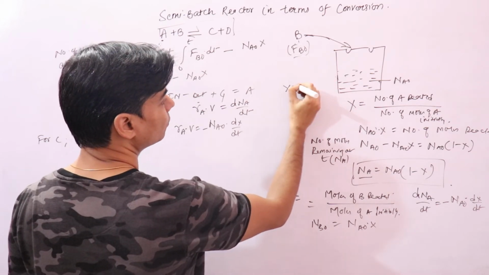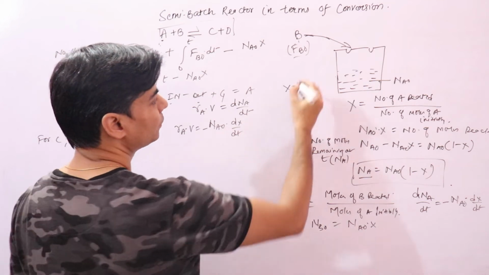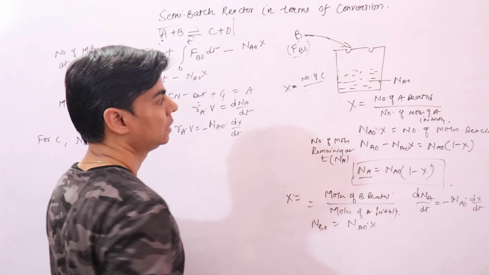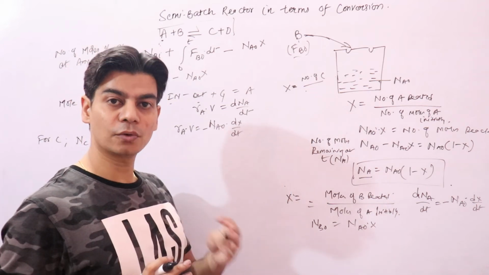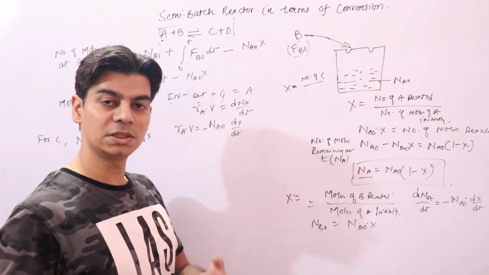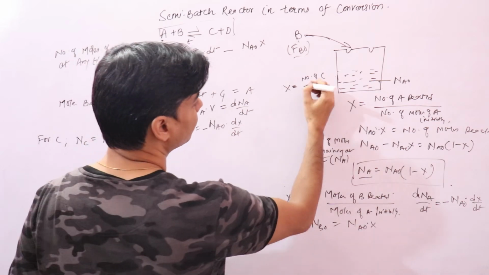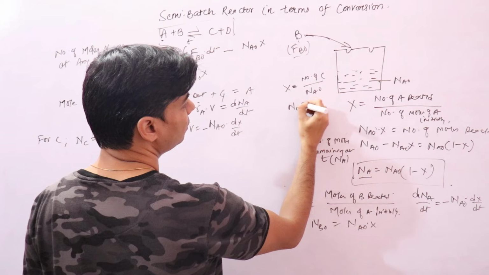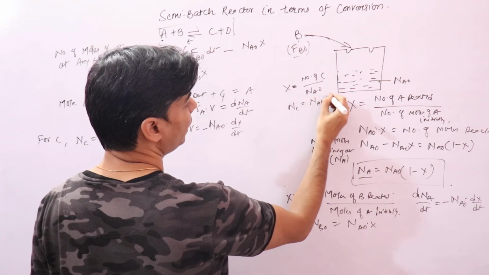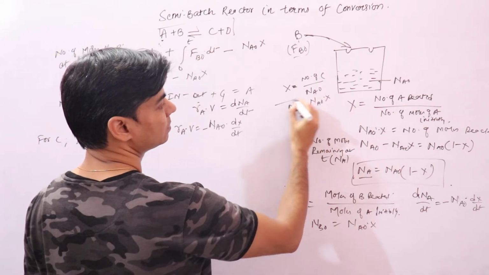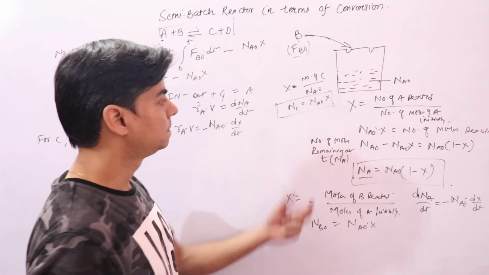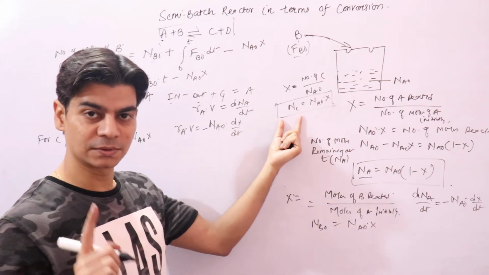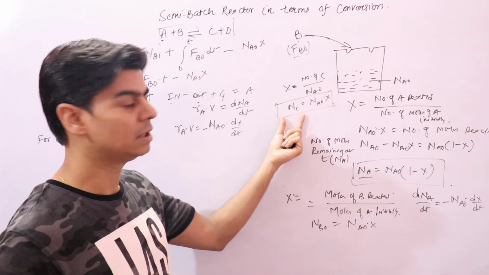X is equal to, for conversion for C, the number of moles of C upon, we are calculating it in terms of A. So how many moles we have initially taken for reactant A. So for NC at any time t would be Na0x. This much moles of A is formed, which means this much moles of C has increased. Same is for D.